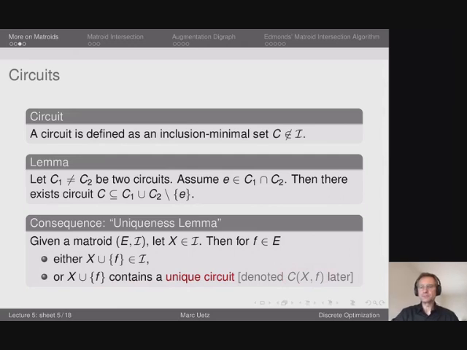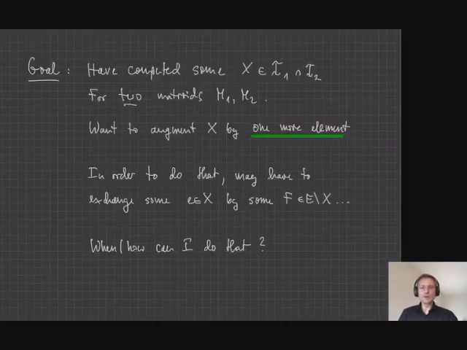So this was a little bit of preparation for a lemma, a so-called exchange lemma that I'm going to prove next. But before I do that, let me give you an idea what the goal is that we want to achieve. At the moment, I'm still talking about a single matroid, but in a minute we will have the situation that we have a set X, which is independent in two matroids actually, and we would like to augment it.